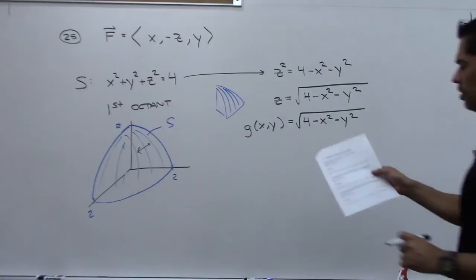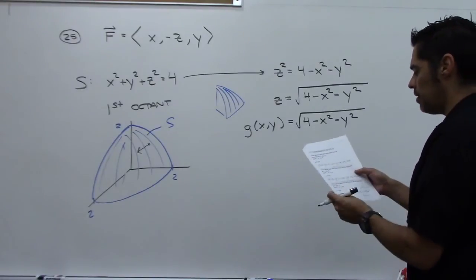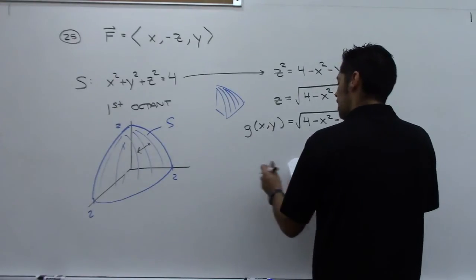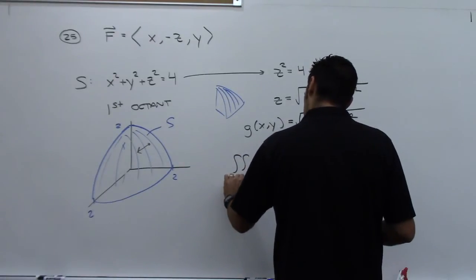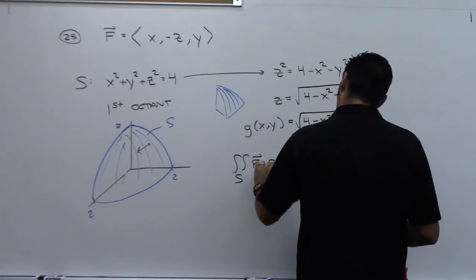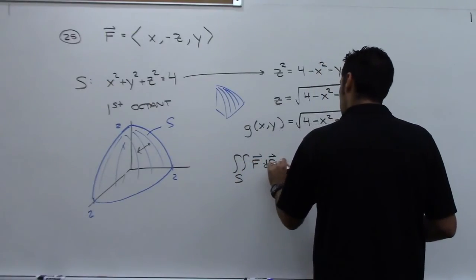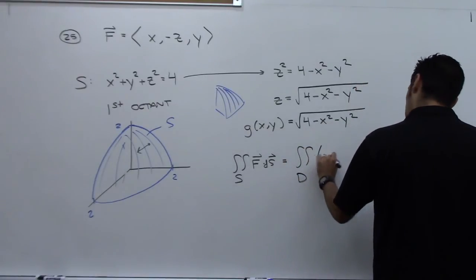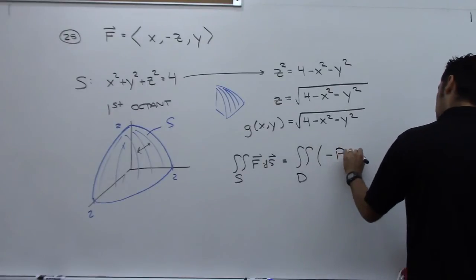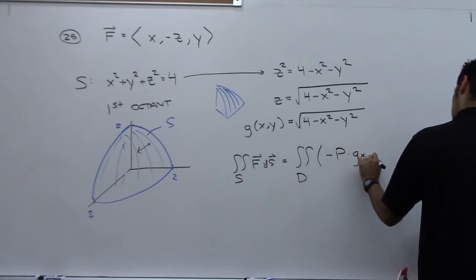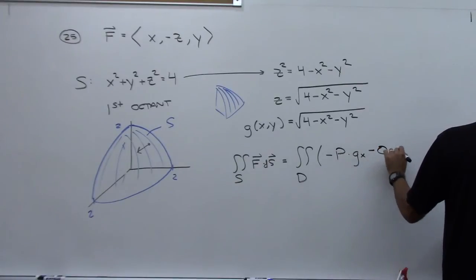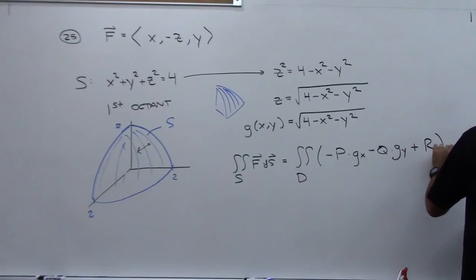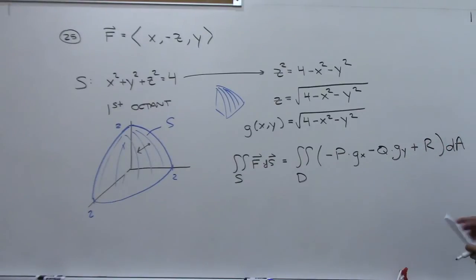Now we have this sheet with these surface integrals in the special cases. I'm looking at the top case. Now it says that our flux integral over S should equal the double integral over D of negative P times the partial of g with respect to x minus Q times the partial of g with respect to y plus R dA if our normals are pointing upward.